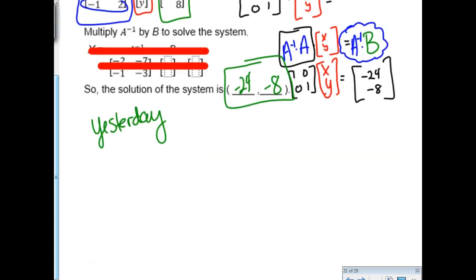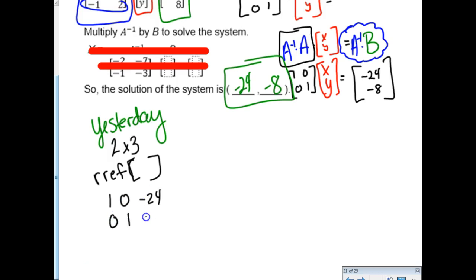So you would have entered the whole shebang as a 2 by 3. And then you would have done, remember the command on the math menu? RREF of, whoops, it's supposed to be a matrix, of whatever that matrix was. And then your answer came out to that augmented, it would have said like 1, 0, negative 24, and 0, 1, negative 8.